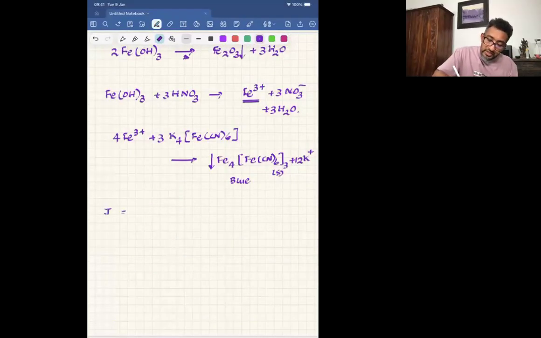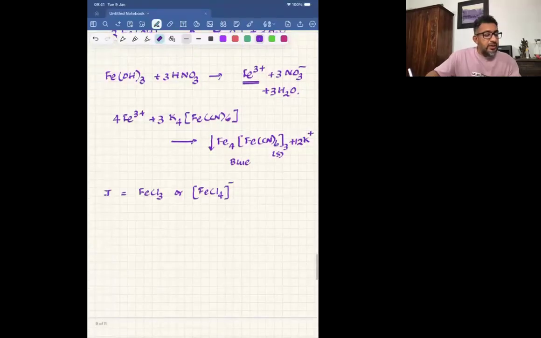J, you can say ferric chloride. Or you can say FeCl4⁻, the complex, on addition of a large amount of chloride ions. So yellowish brown color, ferric chloride or FeCl4⁻.